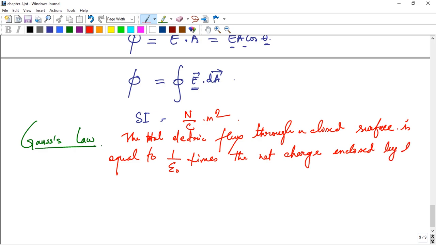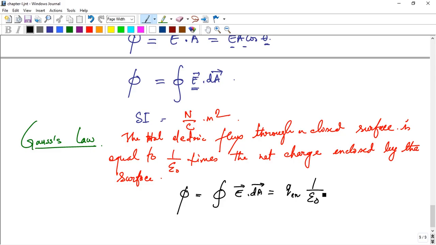That's Gauss's law. And the expression we get for flux phi is the closed integral of E dot dA, that is equal to Q enclosed times 1 by epsilon naught.